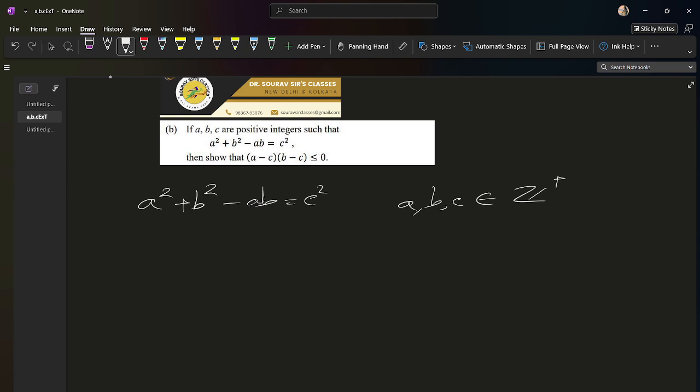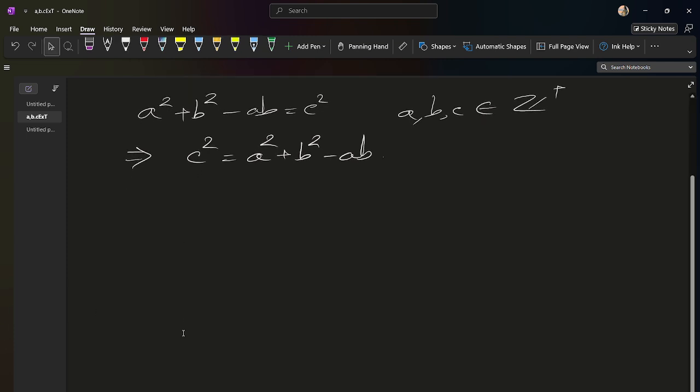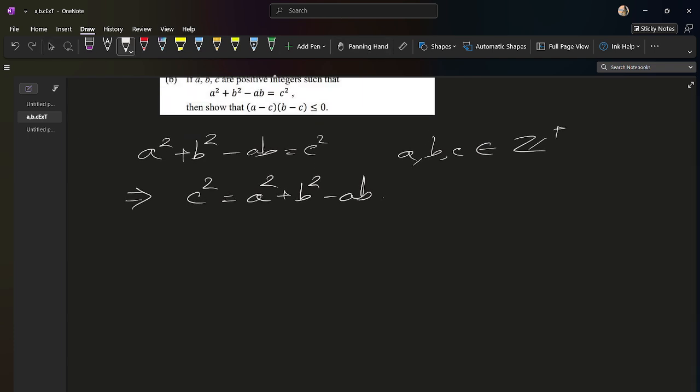That means a, b, c belong to Z plus. Now I can write the given equation in another manner, and we are going to use it in the question. Let us look at the product (a minus c) into (b minus c).